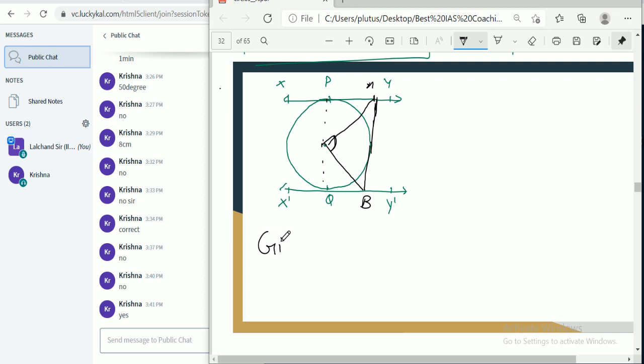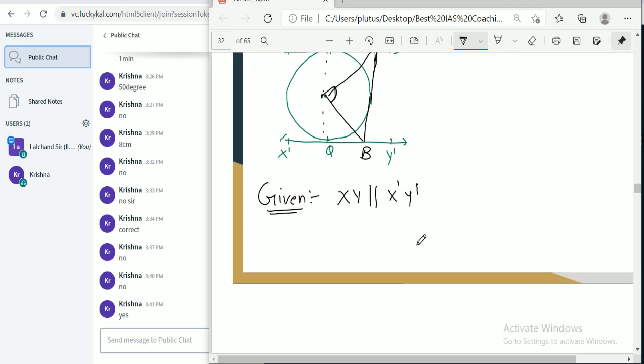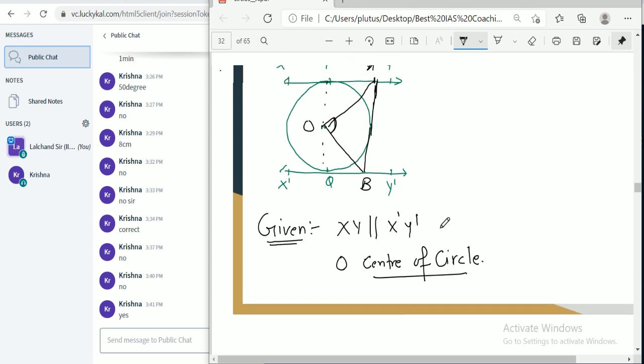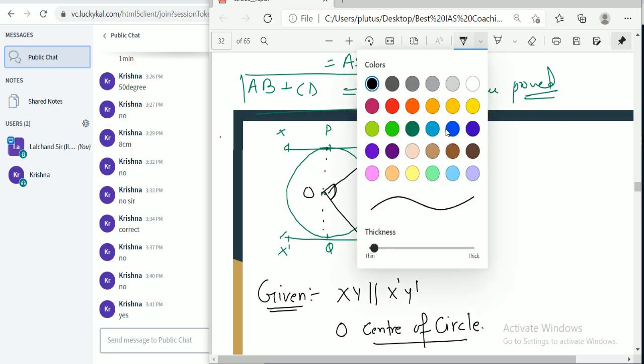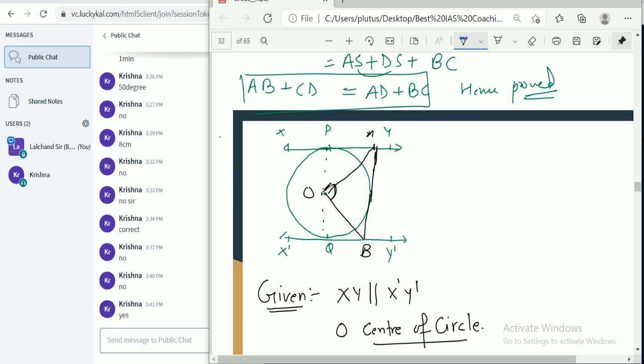What is given to us in this question? We are given that line XY is parallel to line X dash Y dash. This is given to us, and this point O is the center of the circle. And this is the tangent to the circle. If we join this side, this is also 90 degree.